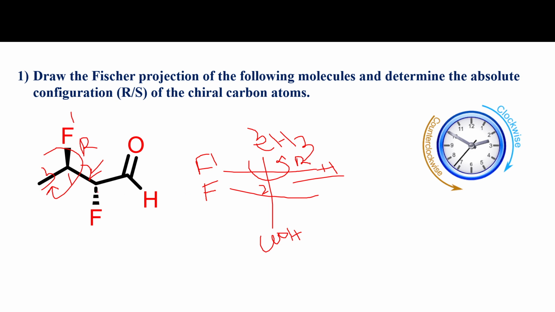Now this carbon. This will be first, this will be second. CHF, this will not be second, this will be third, and this will be second. First, second, third, it will rotate like this direction, clockwise. So that will be R. Yes, because your 4th priority is above the plane.